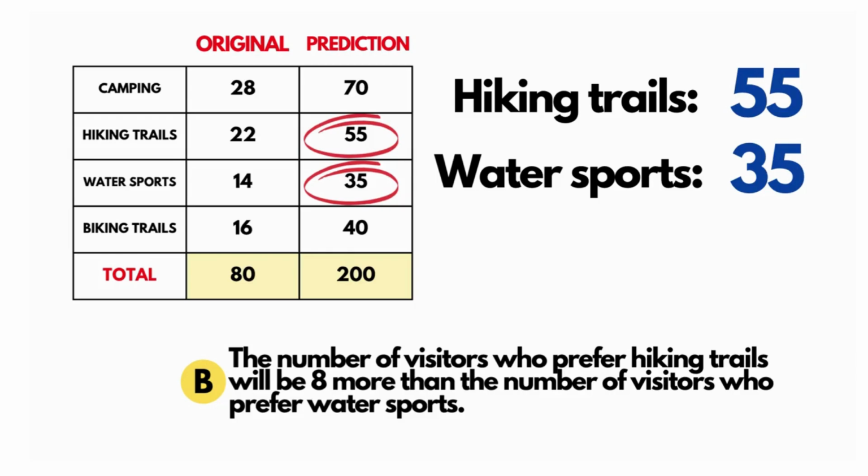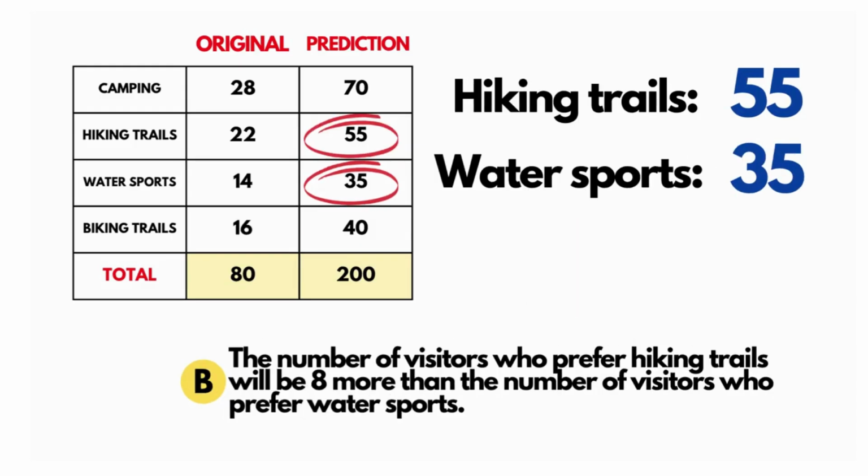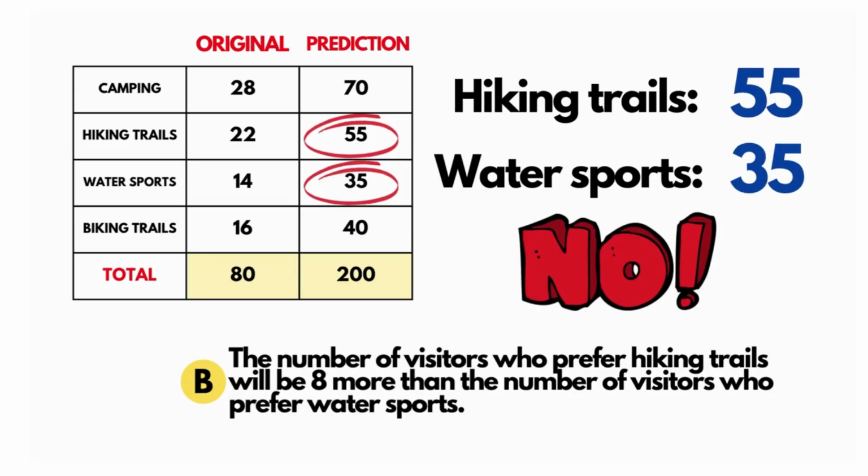The number of visitors who prefer hiking trails will be 8 more than the total number of visitors who prefer water sports. Well, if we look at this, hiking trails is actually 20 more than water sports, so that's not going to work either.